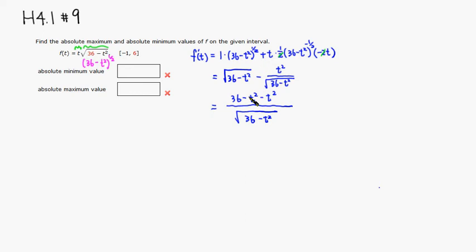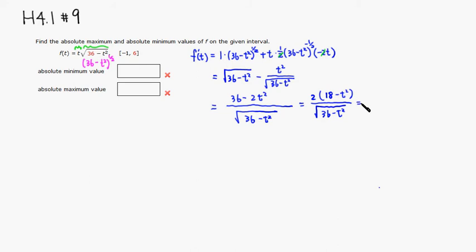So I can just write this as negative 2t squared. Then we can pull out the 2, so 2 and 36, so it's 18 minus t squared, and then you have the square root of 36 minus t squared.